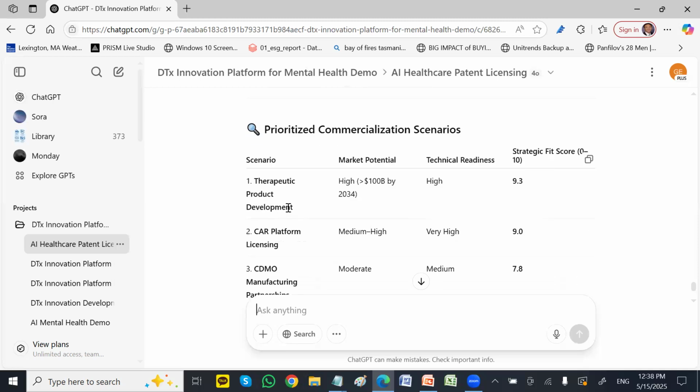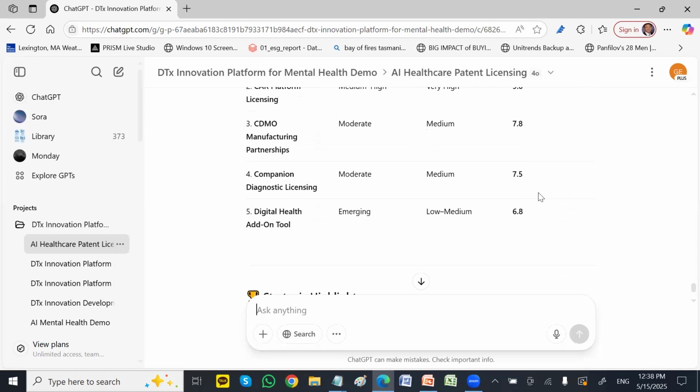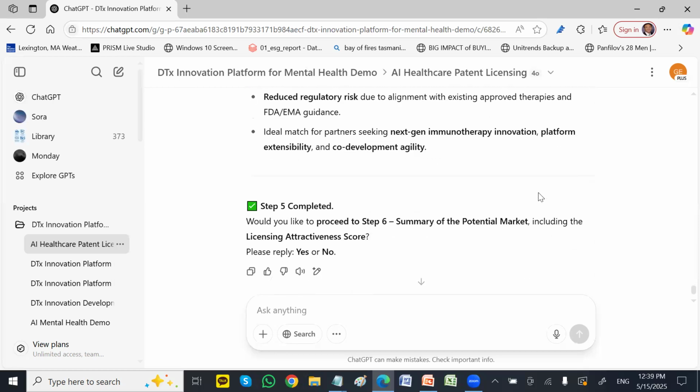So if you go to therapeutic product development, it can be very high, something like this. It tries to quantify which market segmentation is better and gives you an opportunity by quantifying this number. And then it gives you some insight and a summary.